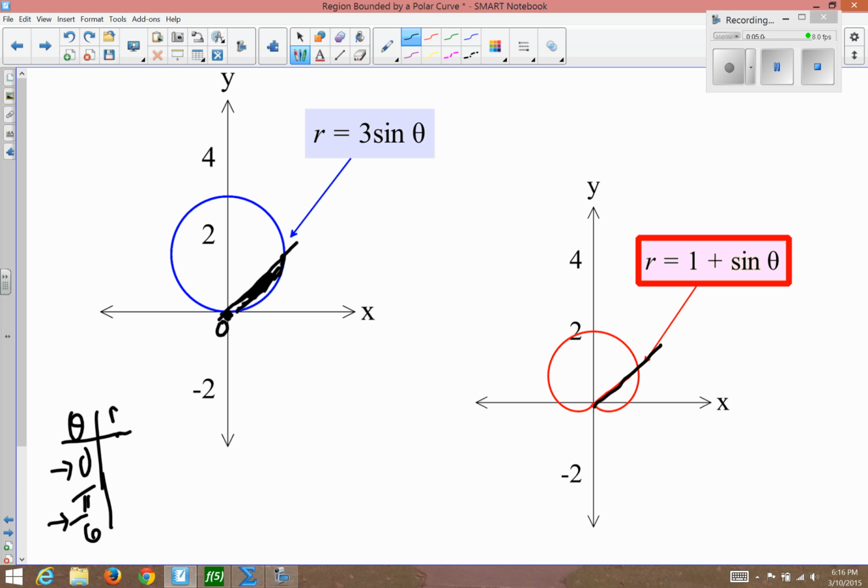So if we integrate this from here, which is pi over 6, up to here, which is 90 degrees, pi over 2, we'll get the area of this region between the red curve and those two rays. Theta equals pi over 6, and up here, this one's theta equals pi over 2. So we're going to find that area using the formula.